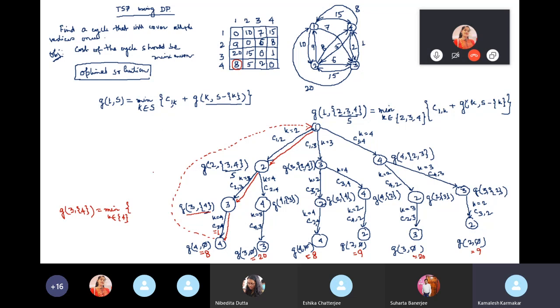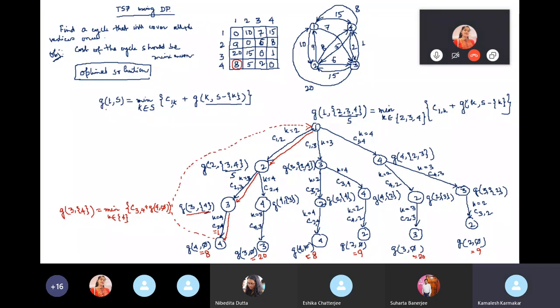So it will be C, the starting position is 3, so 3, 4, C34 plus G of the next position, which is 4. So G of 4, comma, null, because 4 is being eliminated from the set. Clear or not?